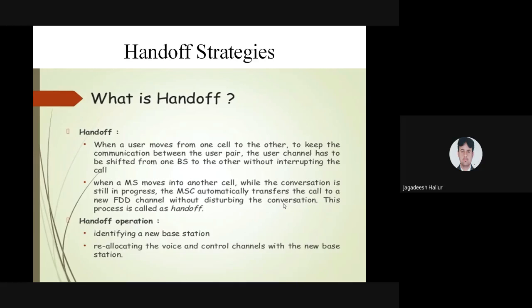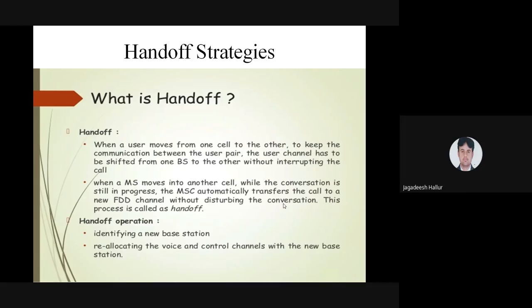Whenever you are moving on the highways, going for longer distance communication, if you are in a call, you are crossing many towers. At that time, the channel has to be shifted. That channel shifting has to be taken care of by the MSC. What is handoff?